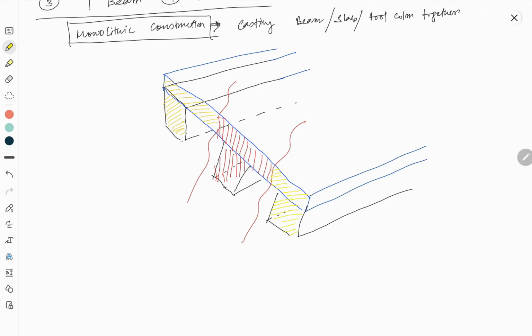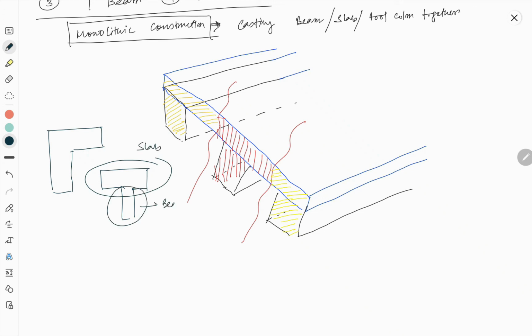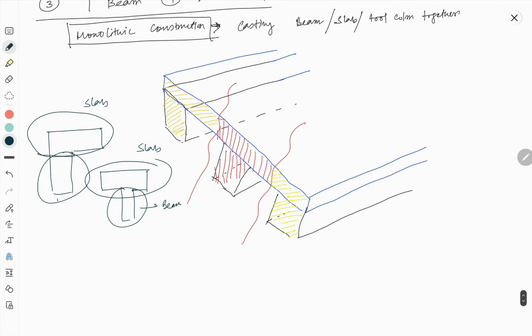Now visualize yourself. This part is for slab and this part is for beam. Again, this part is for slab, this part is for beam.